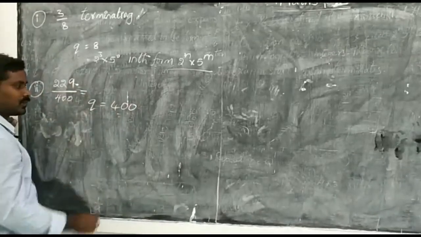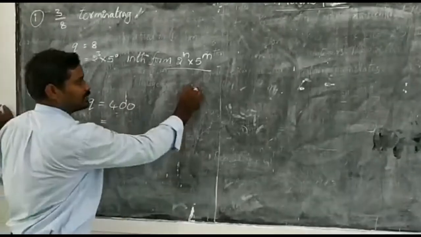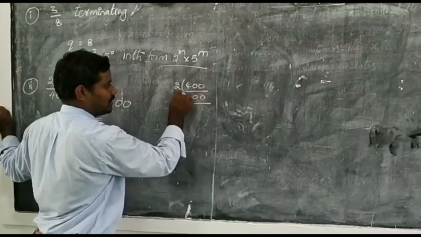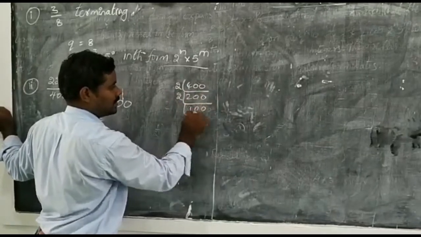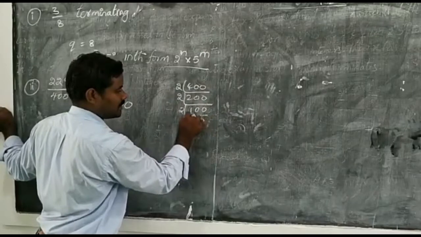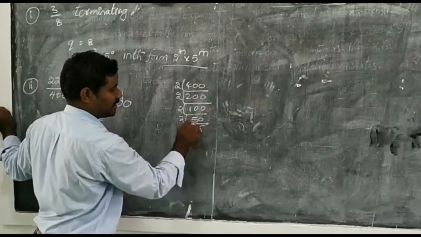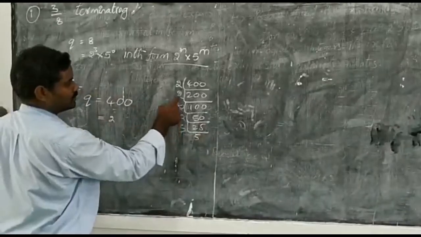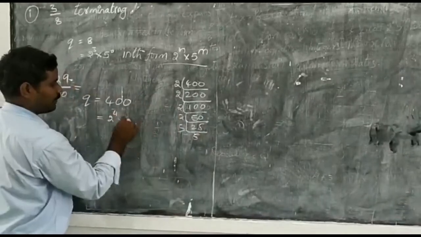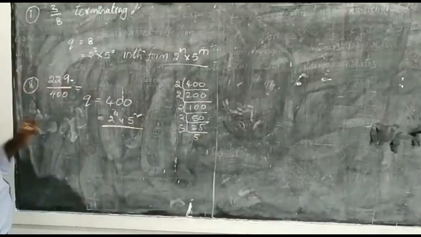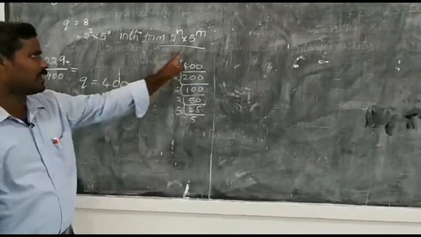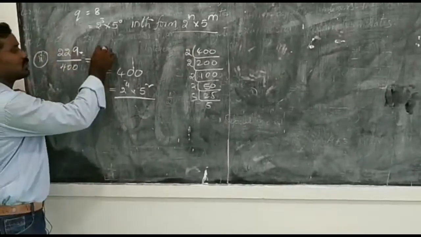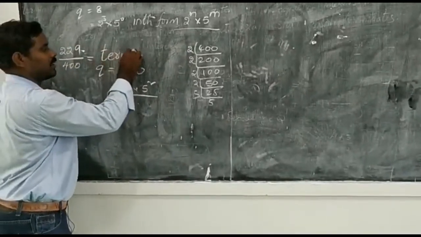Now I am taking just 400. 400 can be written in prime factors: 2 twos are 400 divided gives 200, again 2 twos 100, again 2 twos 50, again 2 twos 25, 5 fives 25. Then I am writing 2 power 4 into 5 square. Now it is in the form of 2 power n into 5 power m. Therefore 229 by 400 is also a terminating decimal.